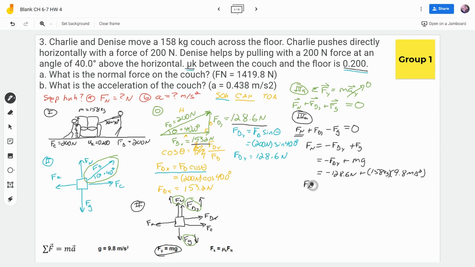So if you ask your calculator, what is minus 128.6 plus 158 times 9.8, and then you hit enter, it will tell you 1419.8. And it's a force, so it's newtons.